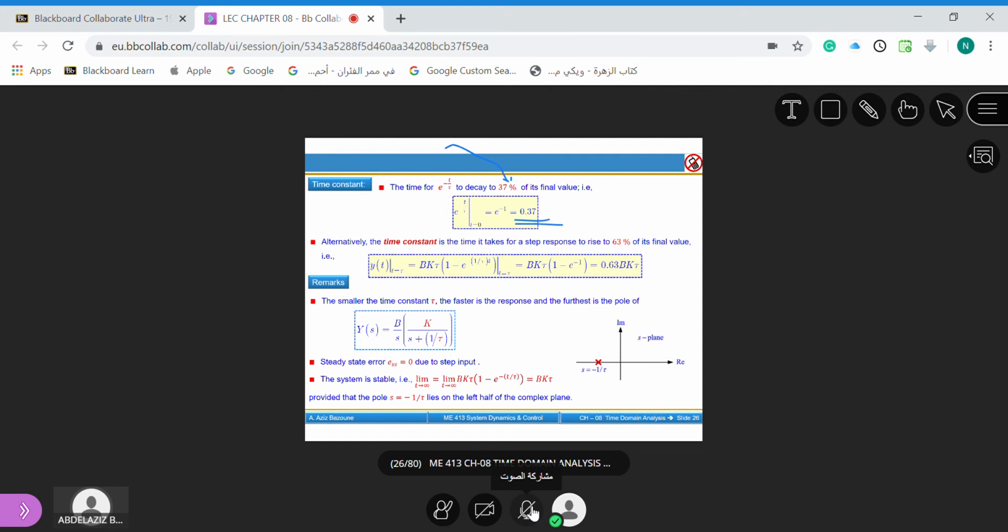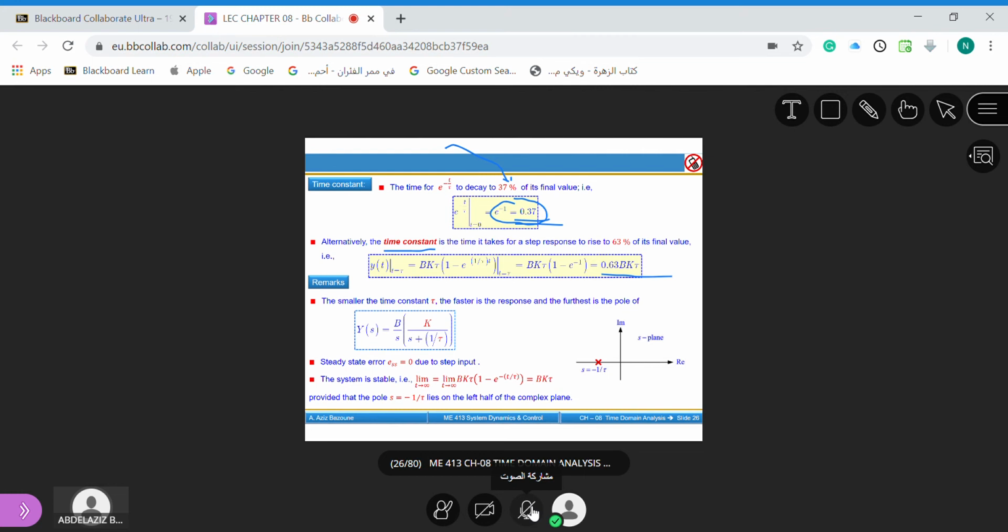Exponential -1 is equal to 0.37. So if you equate y of t at time t equal to this tau, you will get 0.63 bk tau.